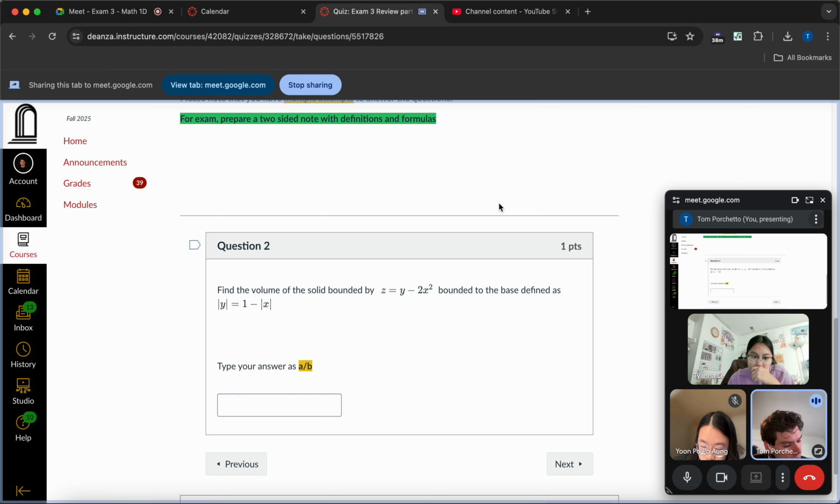Okay, so here we need to set the boundaries, also with z equals 0. So we have z from 0 to y minus 2x squared.